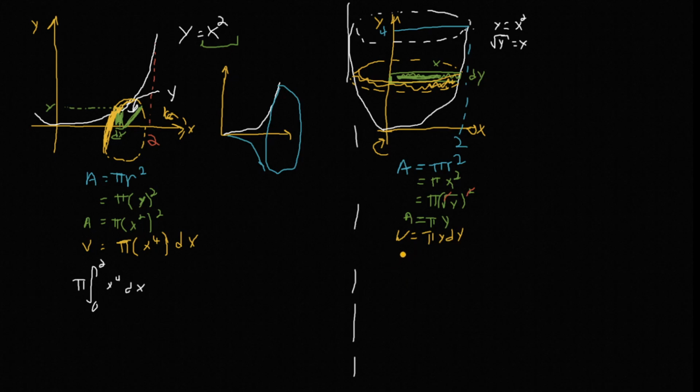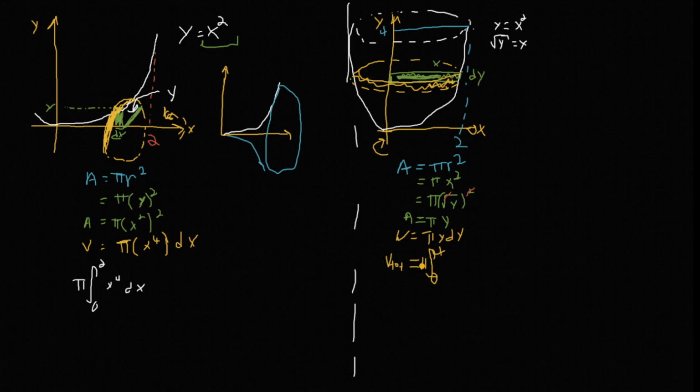And so if we wanted to find the total volume, V total, because this is the volume of a singular ring, the total volume would have to integrate from 0 to 4.